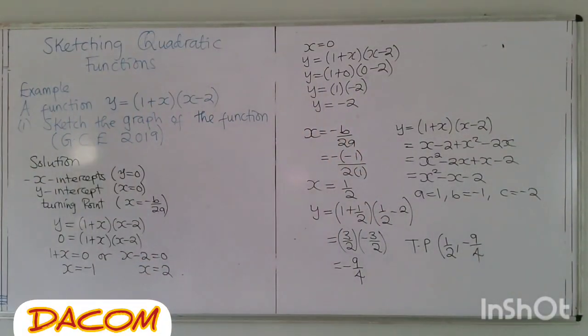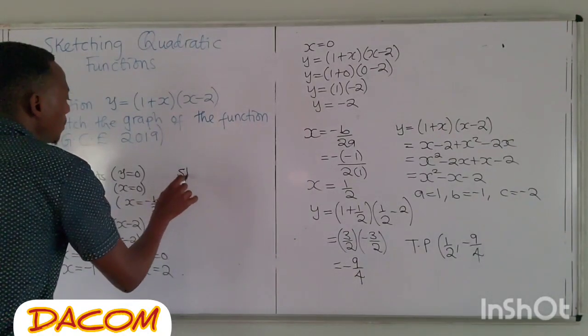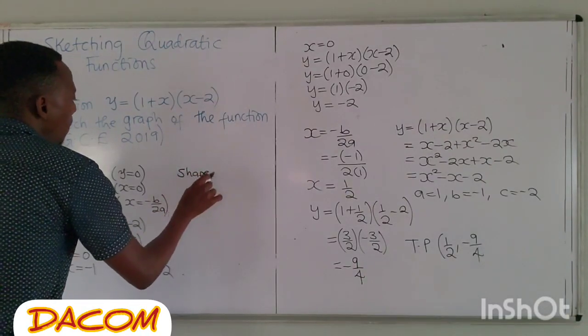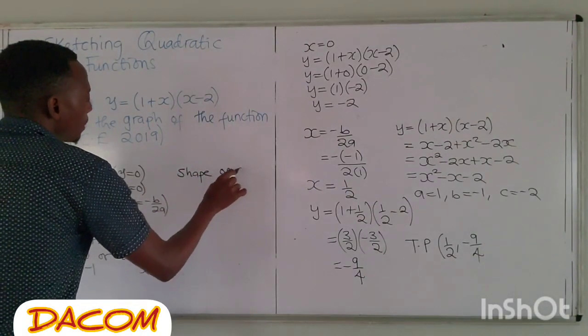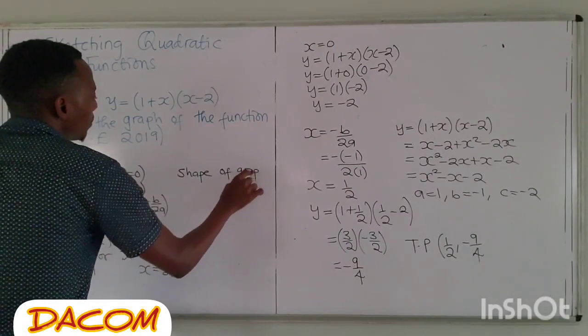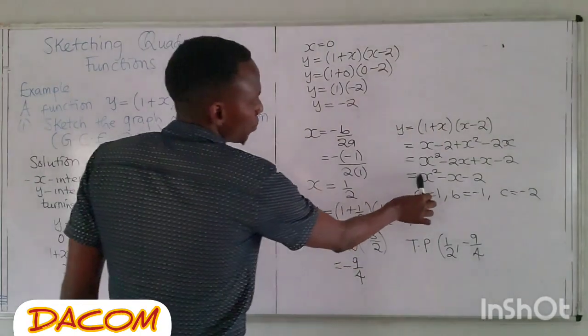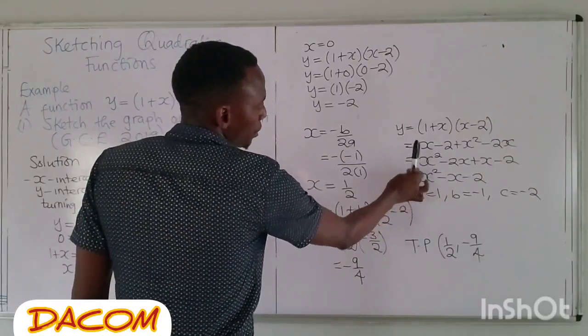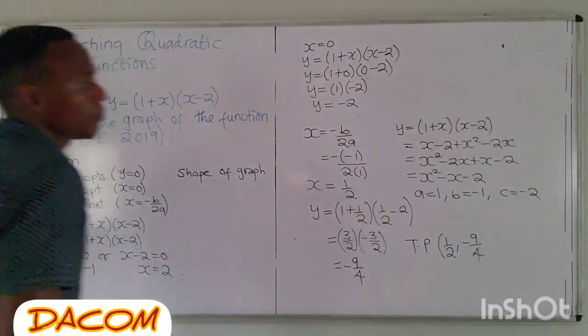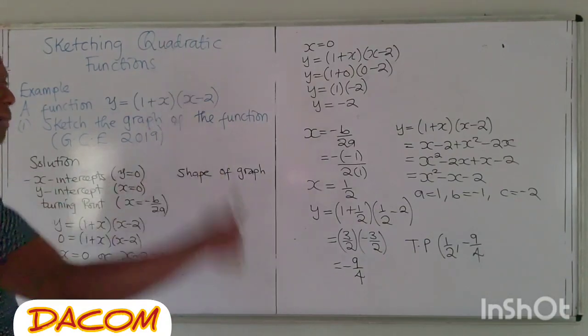And there's just another thing which I missed out. Another thing we need is to know the shape of the graph. What determines the shape of the graph is the coefficient of x squared. When you look at the coefficient of x squared here, it's positive, and therefore we have got the minimum.